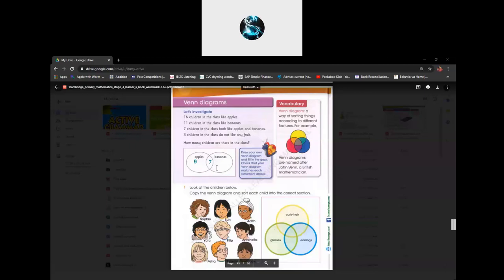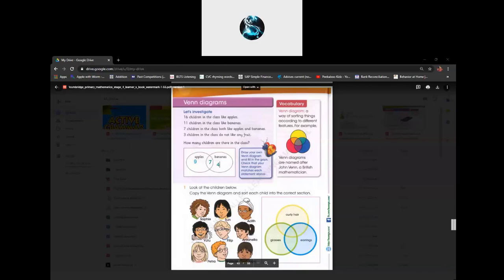Okay, so first of all, let's use the Venn diagram. So we have 7 people that like both, and we have 9 people that like only apples, and we have 4 people that like only bananas. We have 16 children in the class who like apples, yeah, but let's think about it like this.